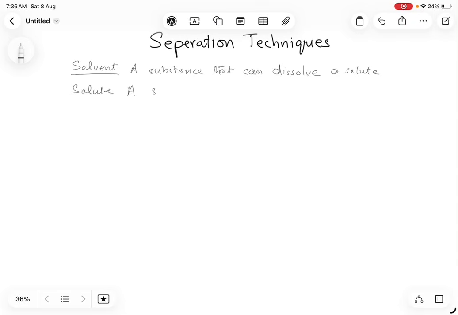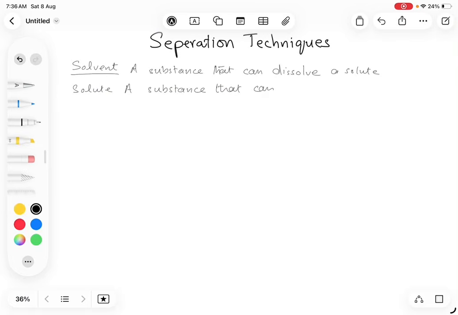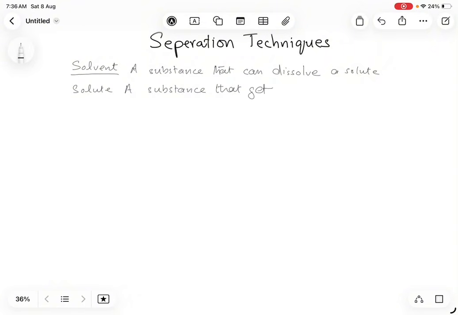It's a substance that gets dissolved in a solvent. Okay.